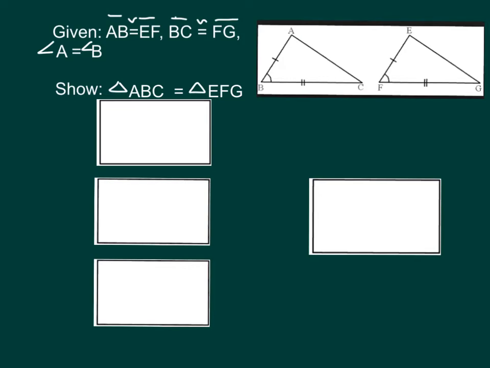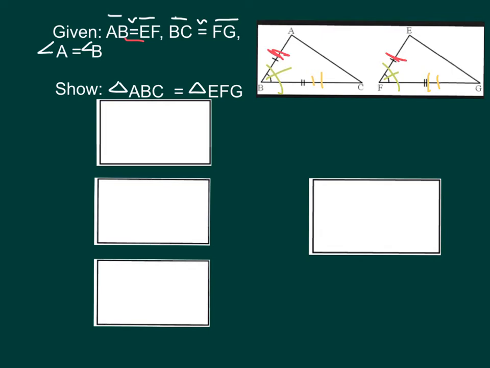The first thing, AB is congruent to EF. I'm going to mark AB over here and EF over here with a single hash. Same thing for BC and FG. And we can also do the angle here, angle B and angle F.